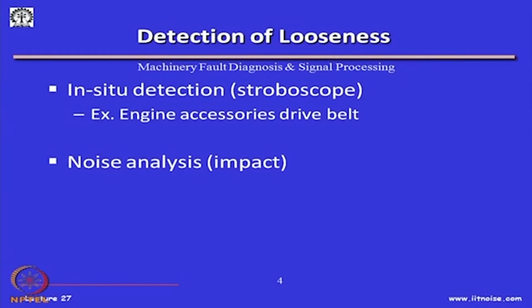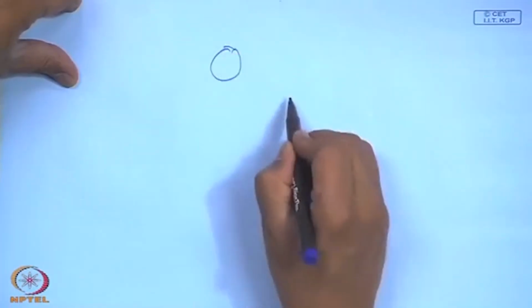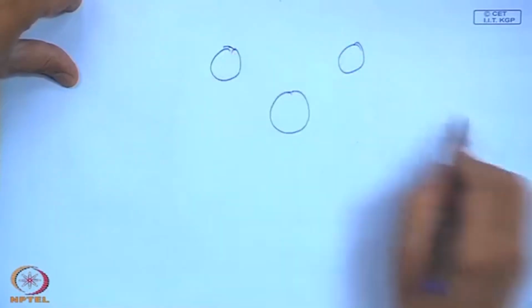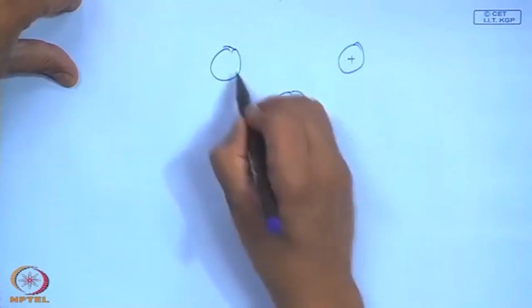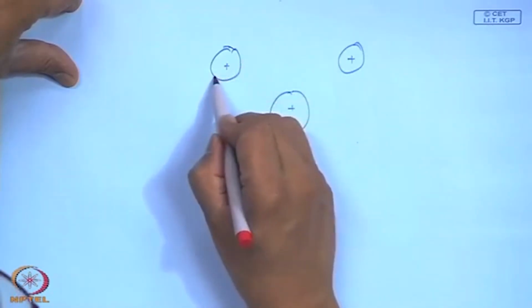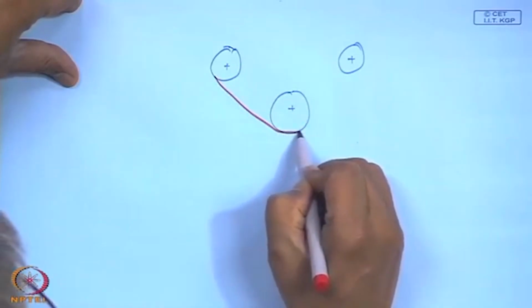Now, because this looseness and rubs are interrelated, how do you detect this looseness? Many times in many systems, there is a series of belts, and then there will be a series of pulleys, and there will be belts going all over the system.